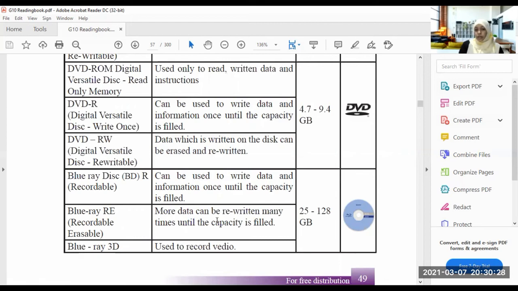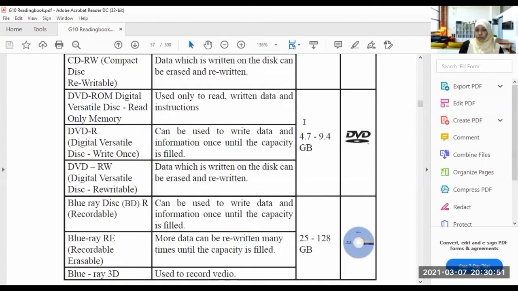More data can be written many times until the capacity is filled. Rewritable, erasable and recordable. Blu-ray 3D is used to record videos. The capacity is from 25 GB to 28 GB, right?